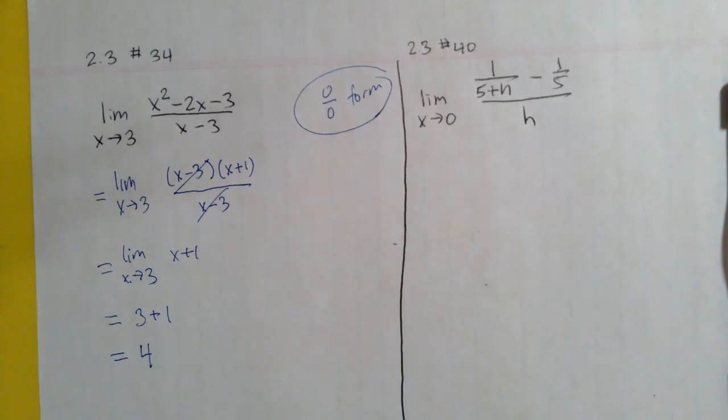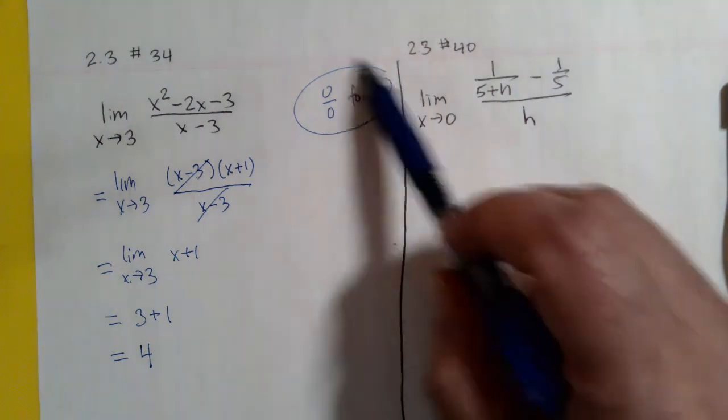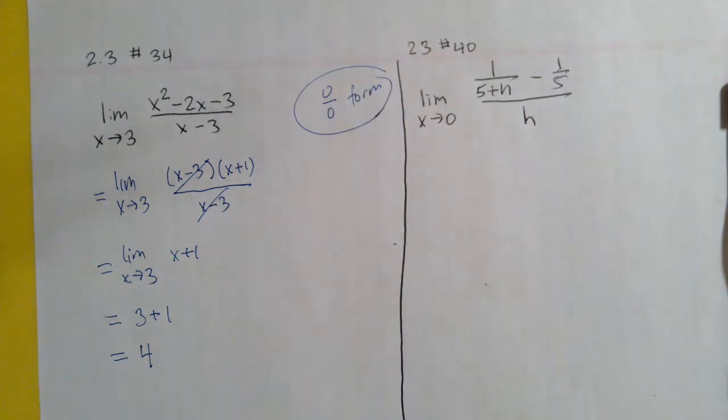So we arrive at our limit, which is 4. And just to go back to something I said earlier, there's no way from knowing that it was 0 over 0 form that we would have predicted it to be 4 or any other answer. So this does not clue us into the answer, but it also doesn't mean we can't find the answer.